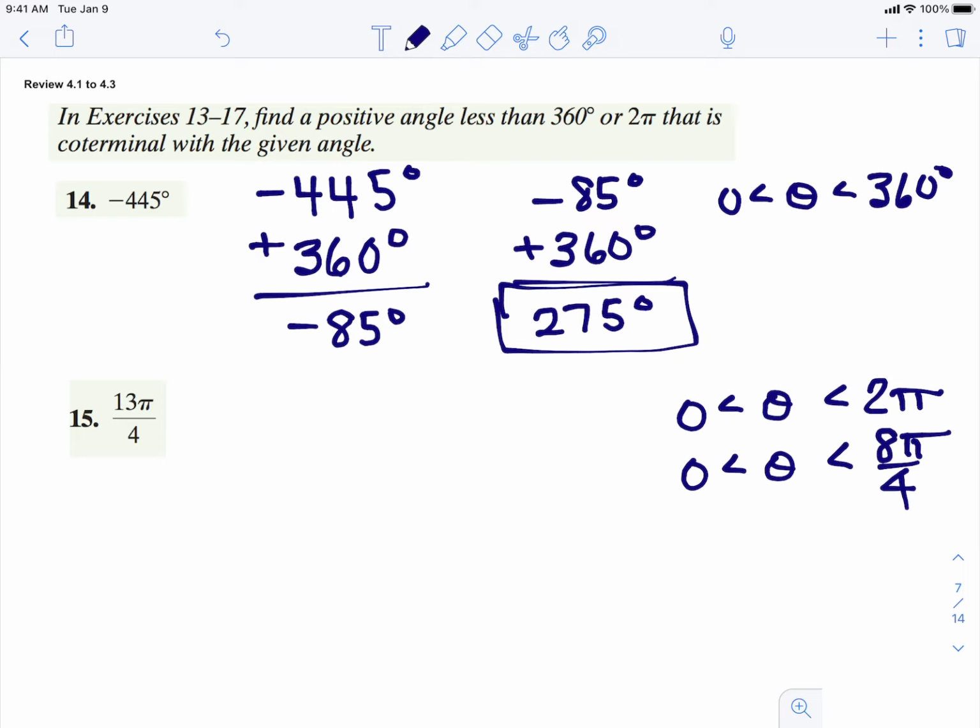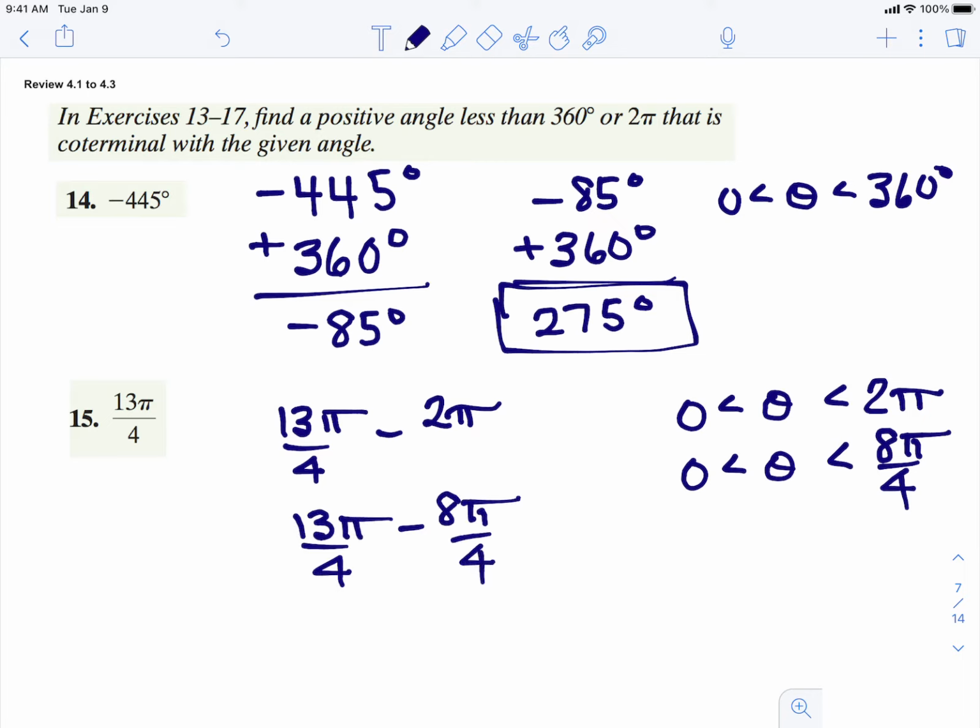So what we have to do is subtract our revolution. We have to subtract 2 pi, or 8 pi over 4. And we get 5 pi over 4. So these are coterminal.